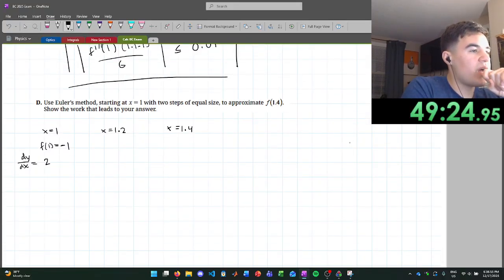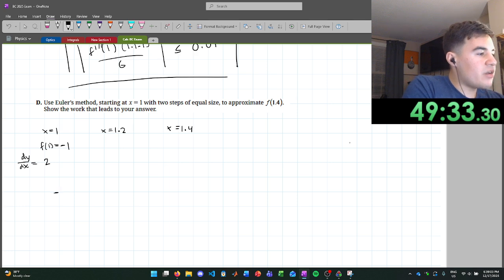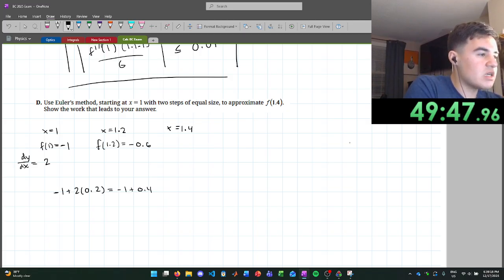With a step of that, we're going to end up with -1 plus 2 times 0.2, which is the same thing as -1 plus 0.4, so f of 1.2 equals -0.6.